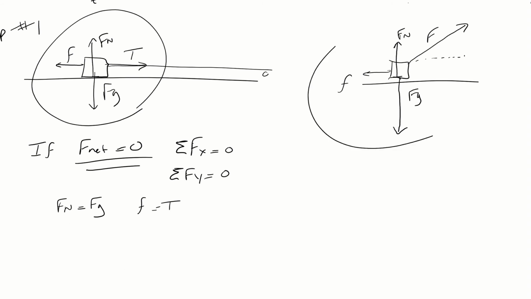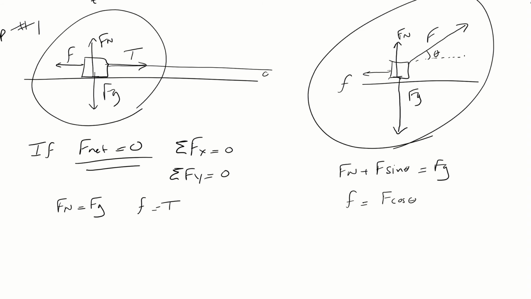Same idea in my second picture over here. If the net force is zero, then my normal force plus the vertical part, so I'll call this angle theta, plus F sine theta, needs to be equal to my force of gravity because the object is not accelerating up or down. And then horizontally, friction needs to be equal to the cosine component of that applied force as well, right? So that would be if I know for sure that the net force is zero.